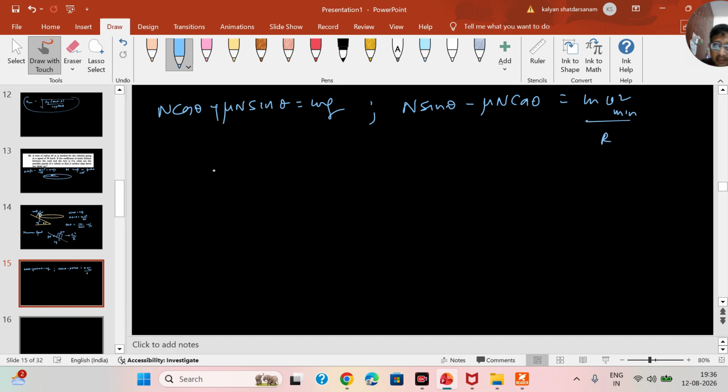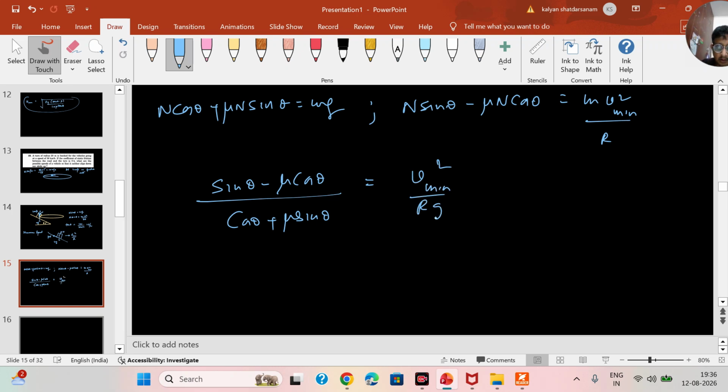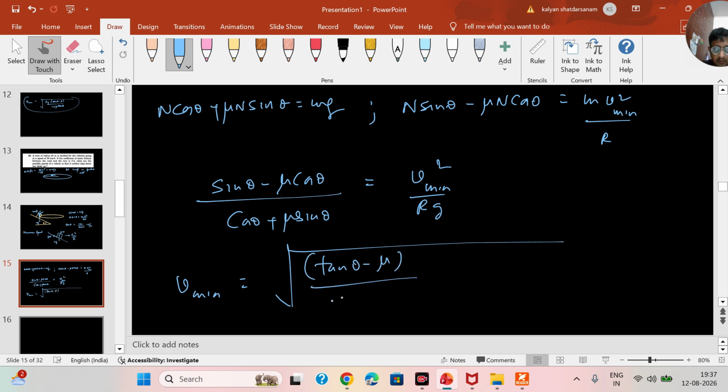So let's divide to eliminate N. Sin theta minus mu cos theta by cos theta plus mu sin theta is v min square by rg. So v min, the minimum speed where limiting friction is acting and the car is just ready to go down, is root of tan theta minus mu by 1 plus mu tan theta into rg.